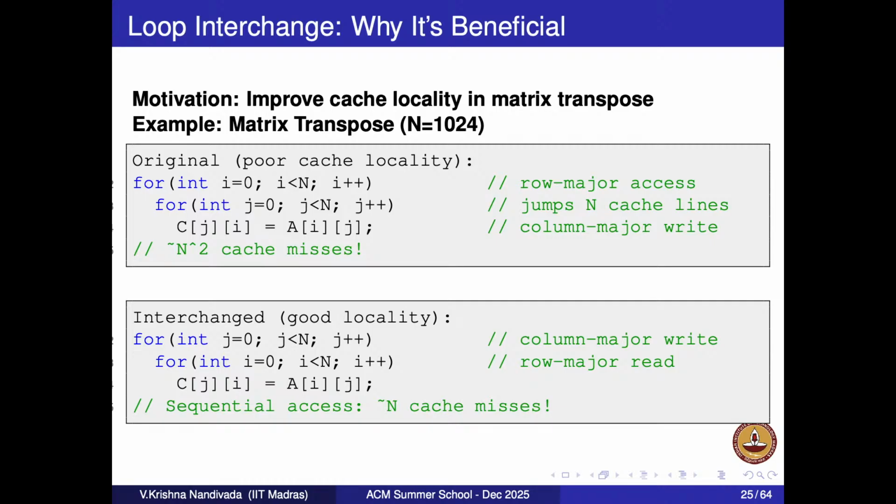No. Have we changed the code size? No. No impact on code size. We are not actually changing any assembly code. If you look at the number of instructions, it's going to be the same. But one is more efficient than the other. Why? Because we have impacted the cache access patterns.